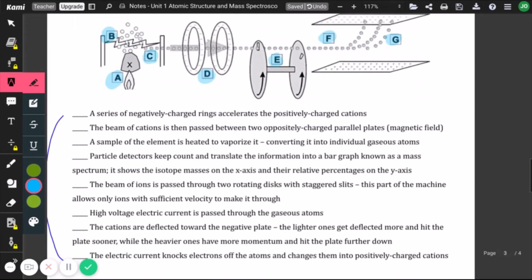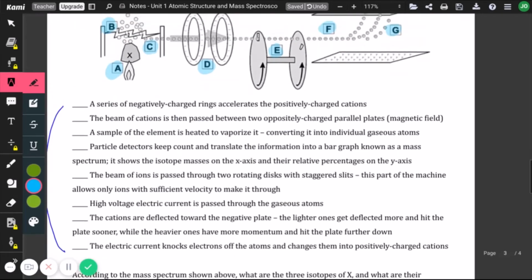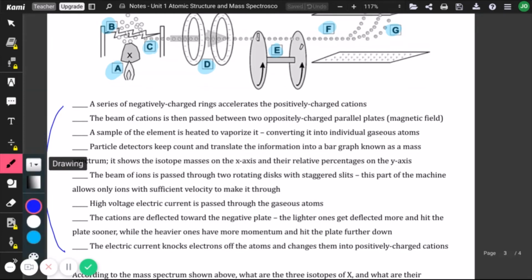So pause your video, go through, label each one of those A through G, and then we will go over that after y'all have done that. Okay, so pause your video and do that.